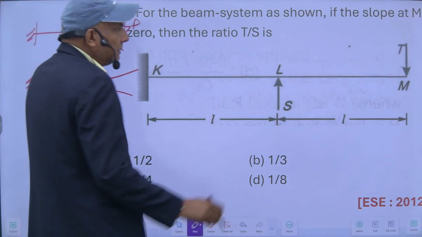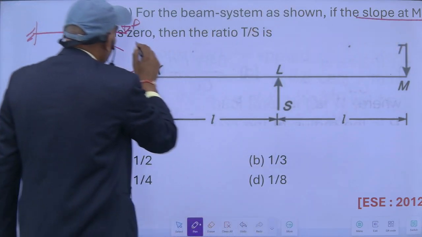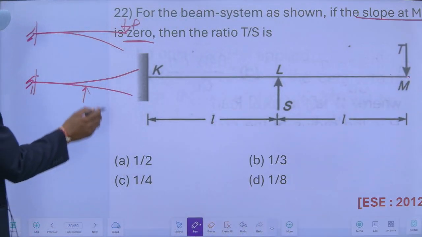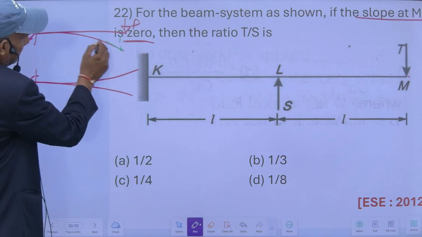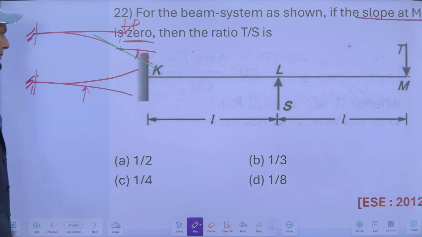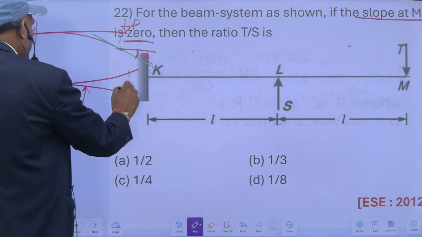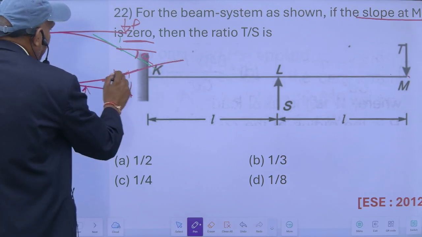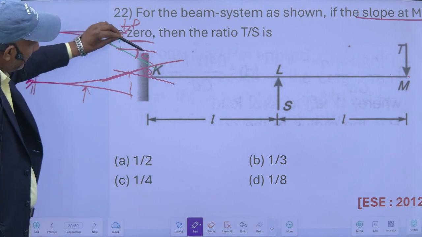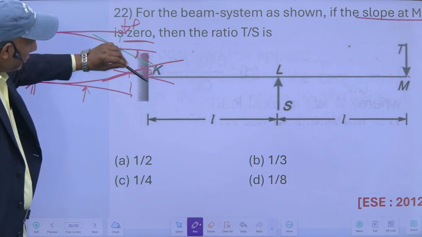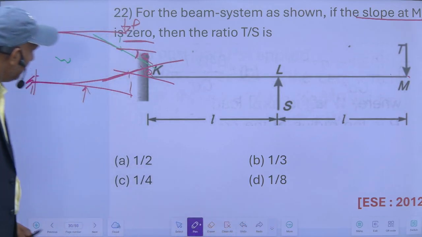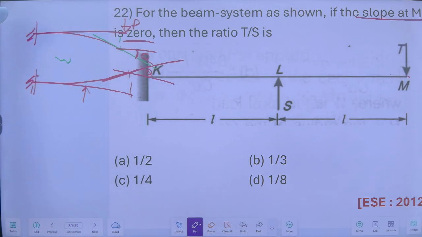What he says is that the slope at this M is 0, my net slope is 0. It means if I draw a tangent, and this is theta, then in this case also if I draw, it will be theta. This clockwise rotation is equal to this anti-clockwise rotation, so that my net slope at this point is 0.